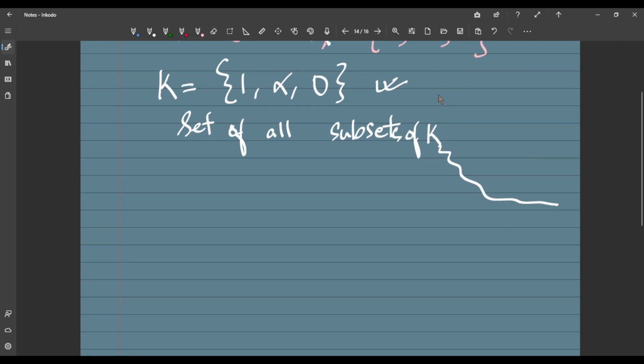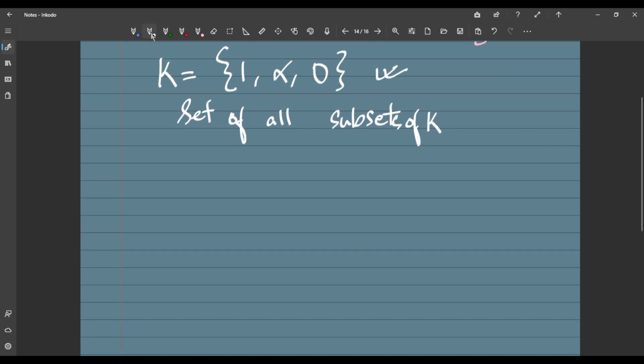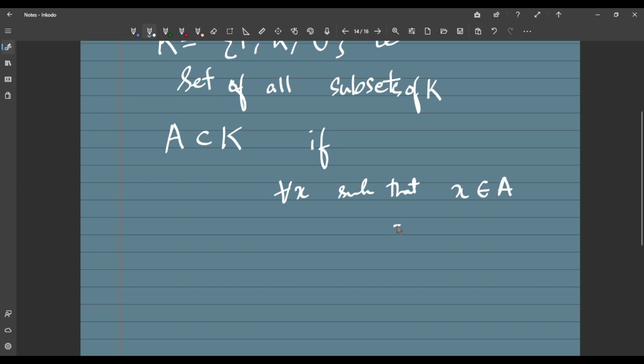So how do we find the subsets of K will be our next question. What is a subset of K? Given any set A, it will be a subset of K if for all x such that x is an element of A, that is x belongs to A, this should imply that x belongs to K as well.